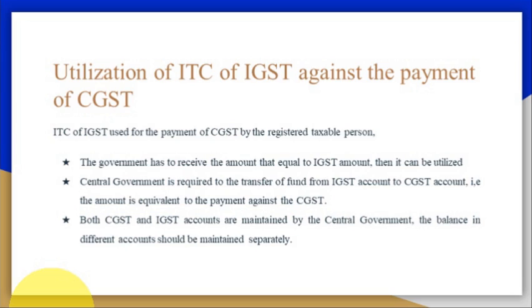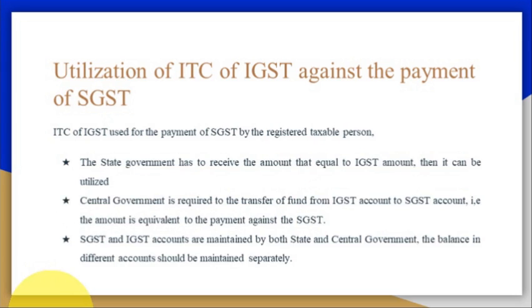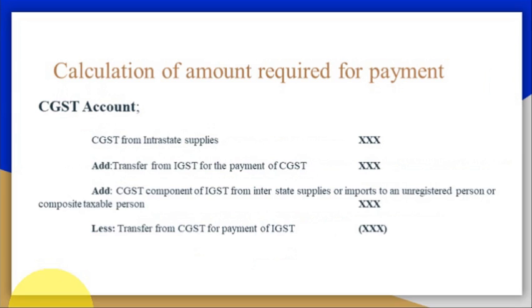Both CGST and IGST accounts are maintained by the central government. The balances of different accounts should be maintained separately. So, as with IGST against the payment of IGST also, the same structure should be followed.